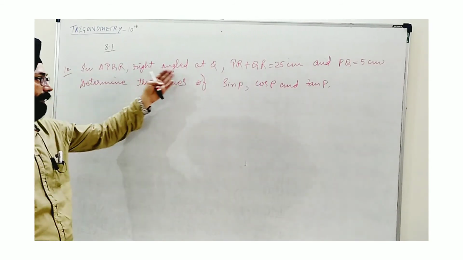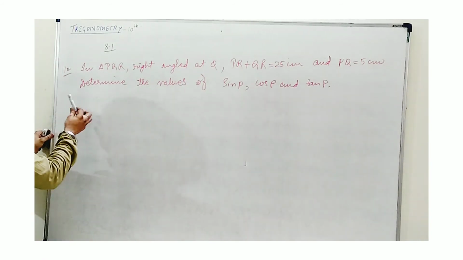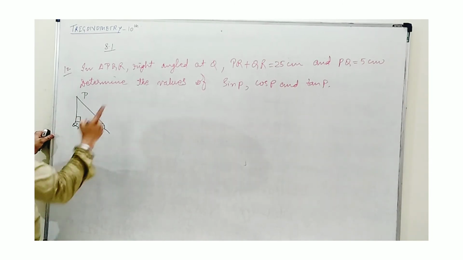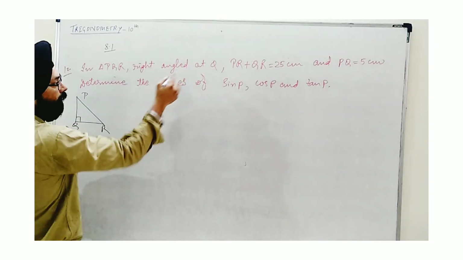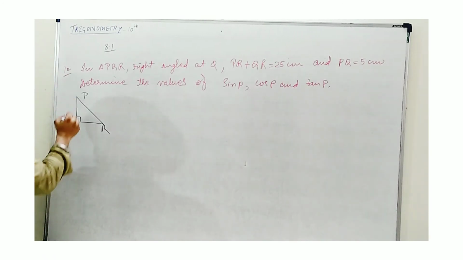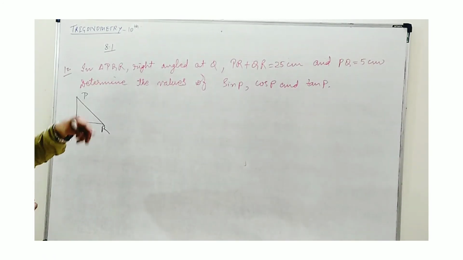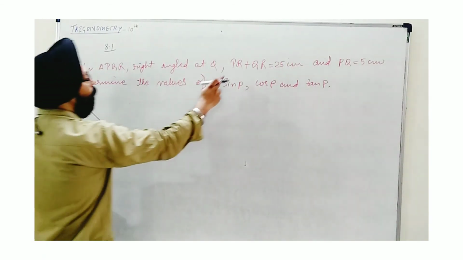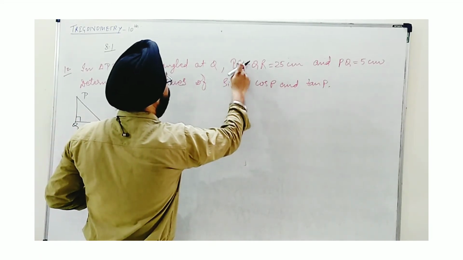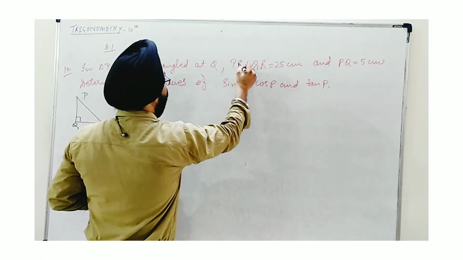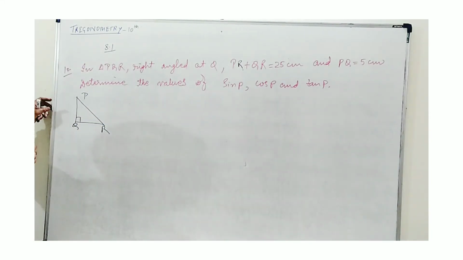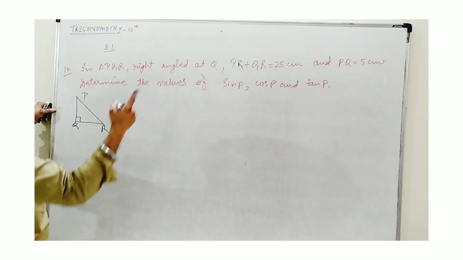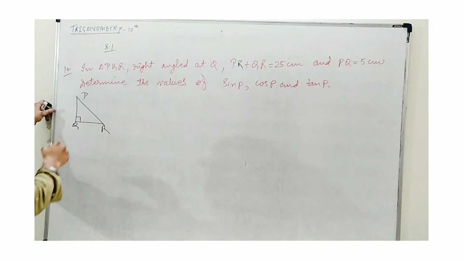In triangle PQR, right angled at Q, the sum of PR and QR is given as 25, and PQ, the third side, is given as exactly 5 cm. PR is the hypotenuse, QR is one side.